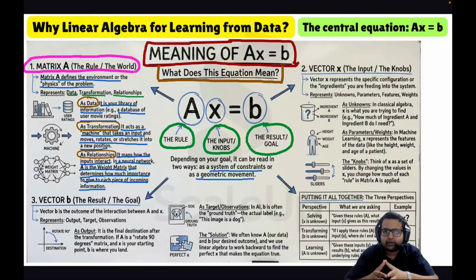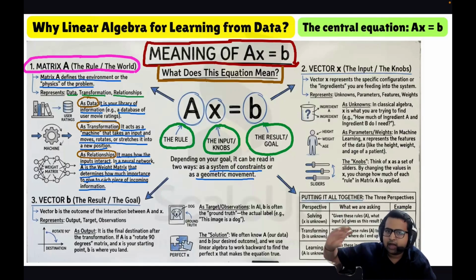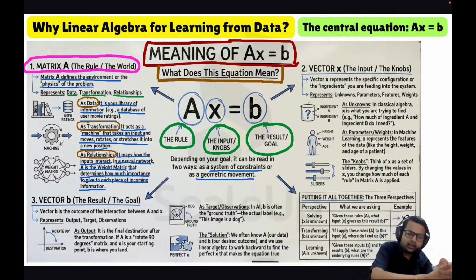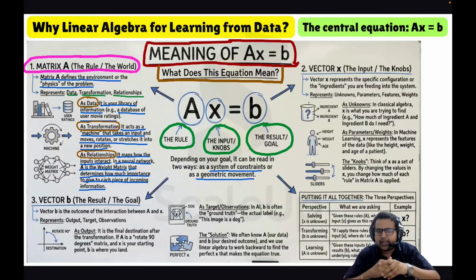If we are storing transformations in matrix A, then it will act like a machine that decides how to transform inputs, because we multiply the input present in X with A. And A can also store relationships. Then we will call this A the relationship matrix.